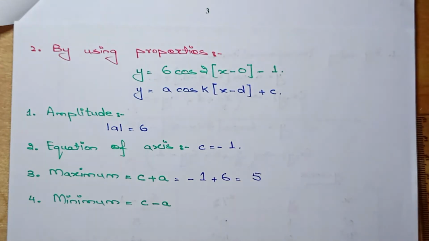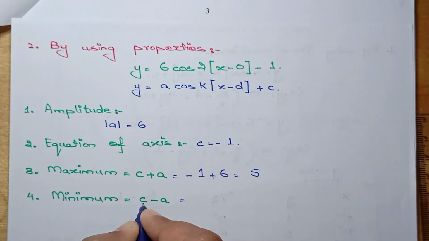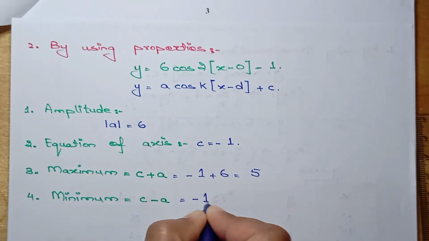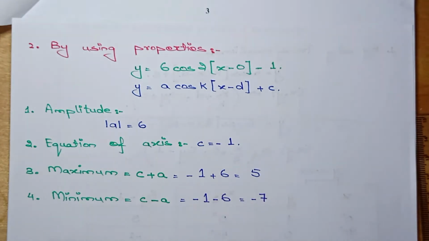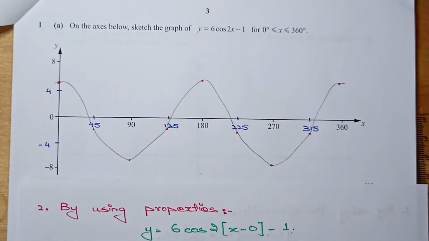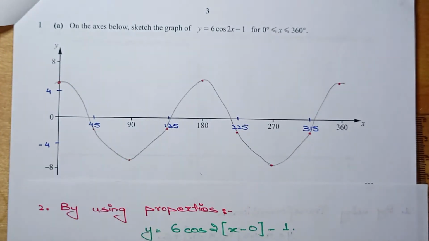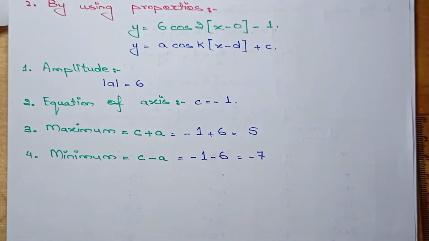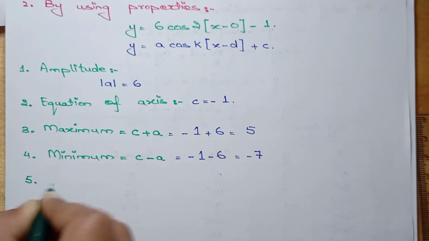So the maximum value of this curve is 5, and we have equation of the axis -1, amplitude 6, so -6, that is equal to -7. The minimum value is -7. So as we saw in the first method, the maximum value is 5 and the minimum value is -7, right?